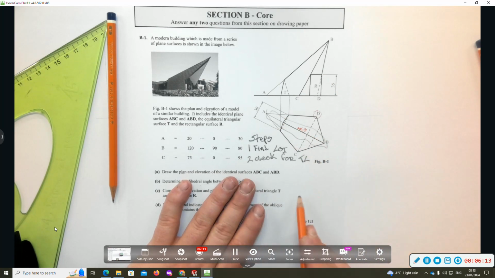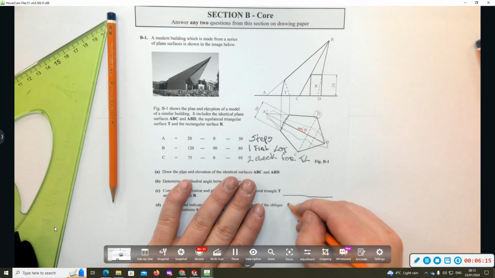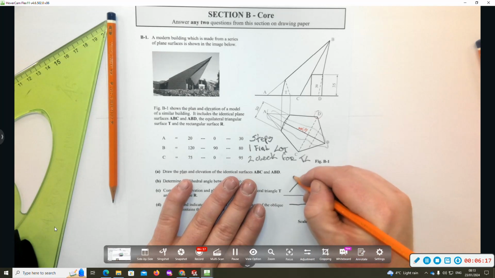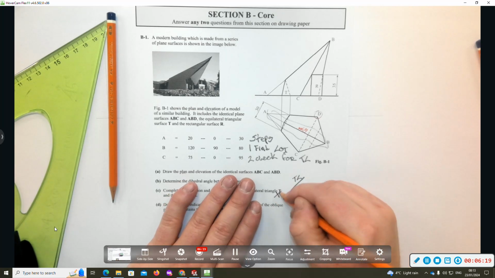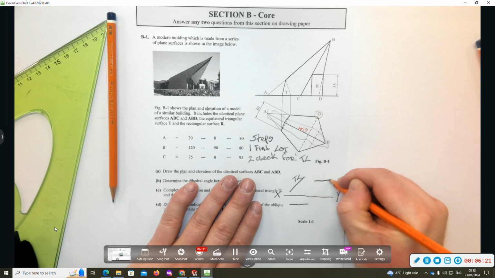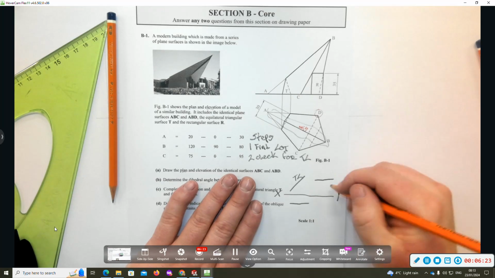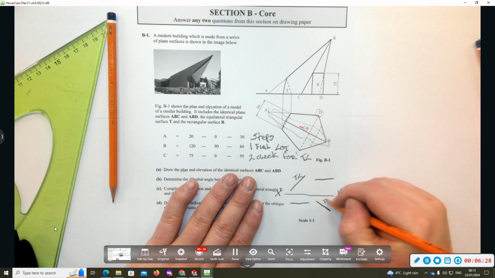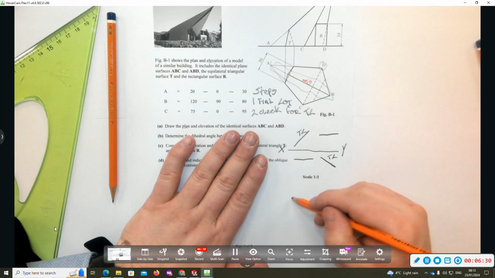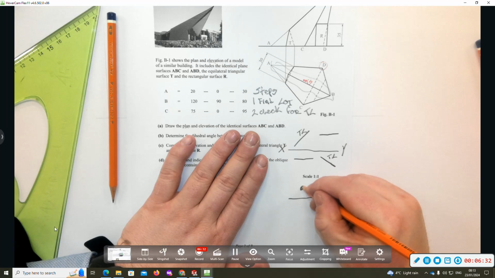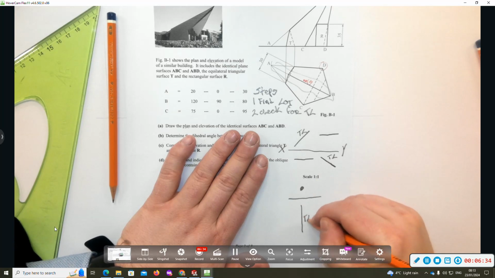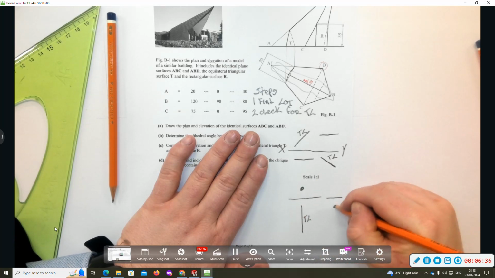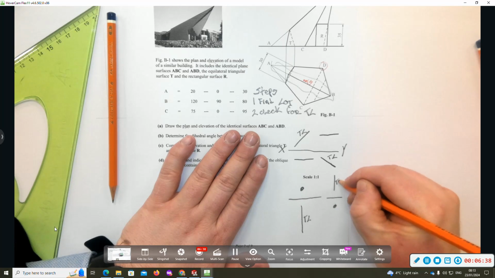So if a line is parallel to the XY line in plan, it's a true length in elevation. If it's parallel to the XY line in elevation, it's a true length in plan. If it's a point in elevation, it's a true length in plan. And if it's a point in plan, it's the true length in elevation.